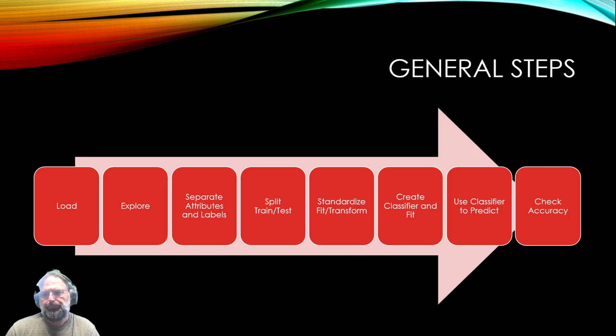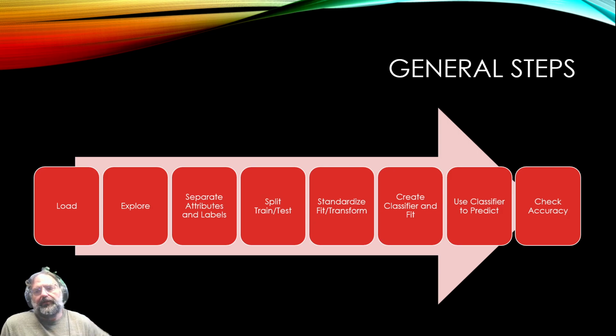Whenever you're doing K nearest neighbors, the basic steps that need to be done, and this is very common to not just this particular problem, but in general, we do this. You load your data, you poke around for a bit, you explore it, and then you start taking a look at the attributes and the labels.